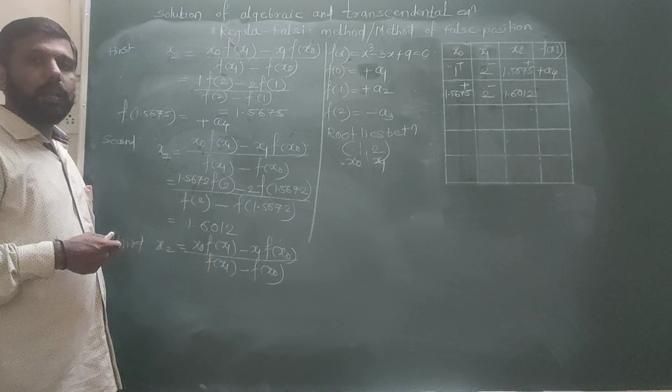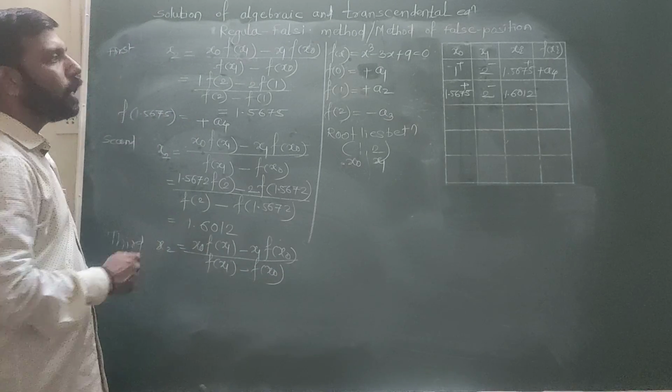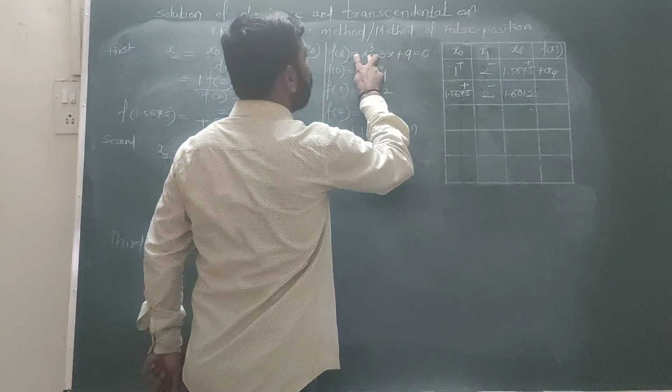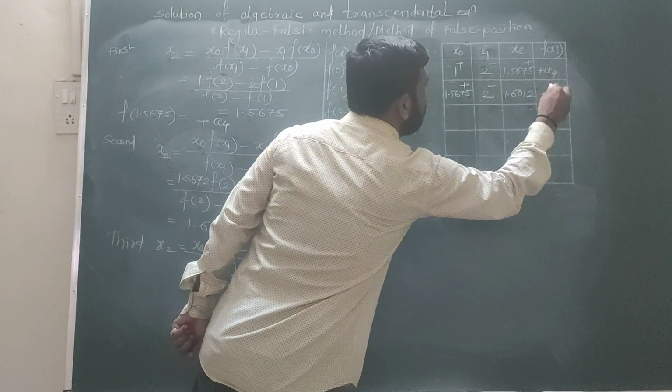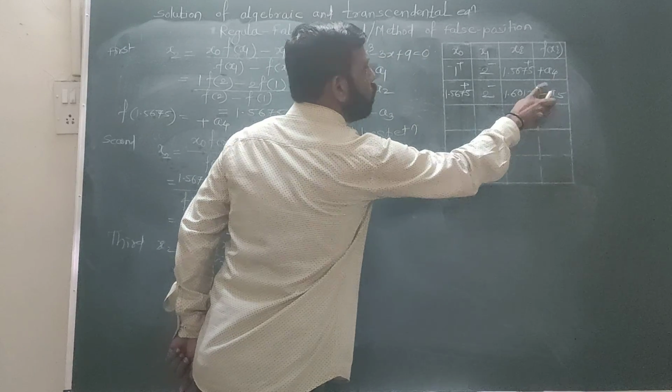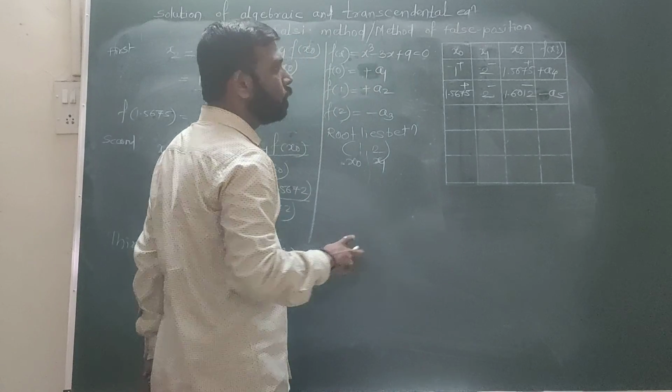Again in this formula, in the third approximation, we require x0 and x1. So for that, substitute this value in the given polynomial. Suppose I assume that this value is negative. So this minus symbol will be put here.